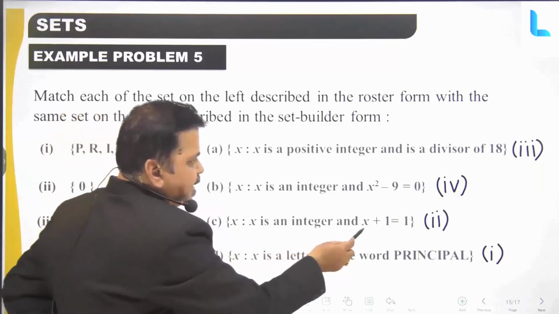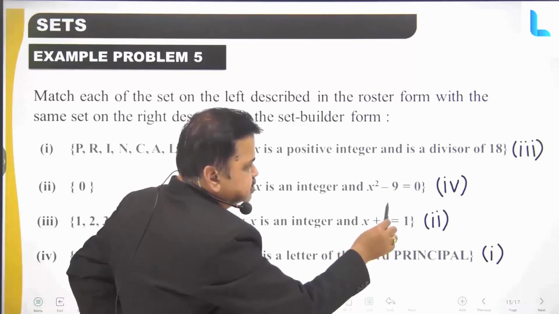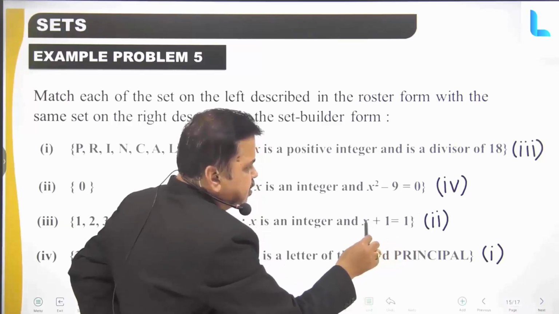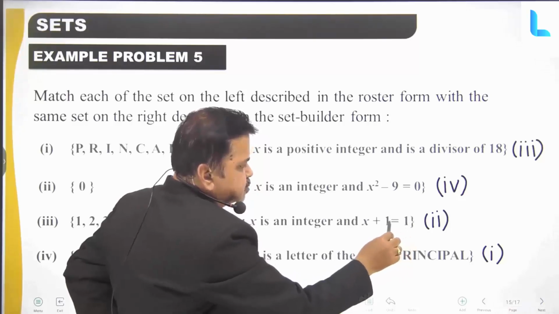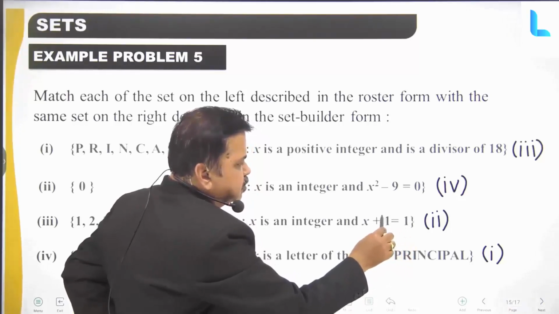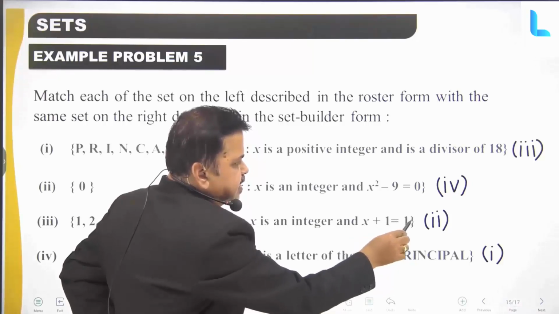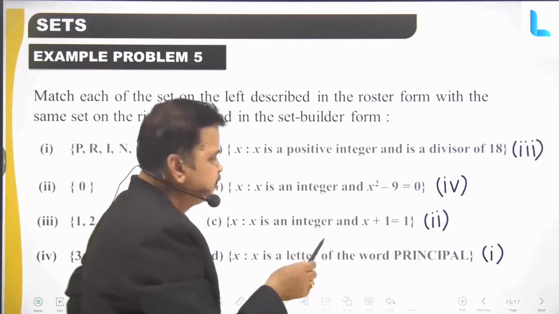If you shift this plus 1 to the right hand side of the equal sign, it takes the negative sign, so x equals 1 minus 1, which cancels, and x is equal to 0.